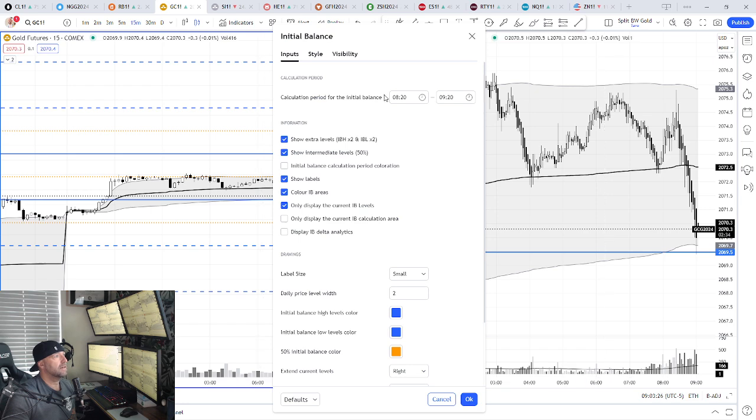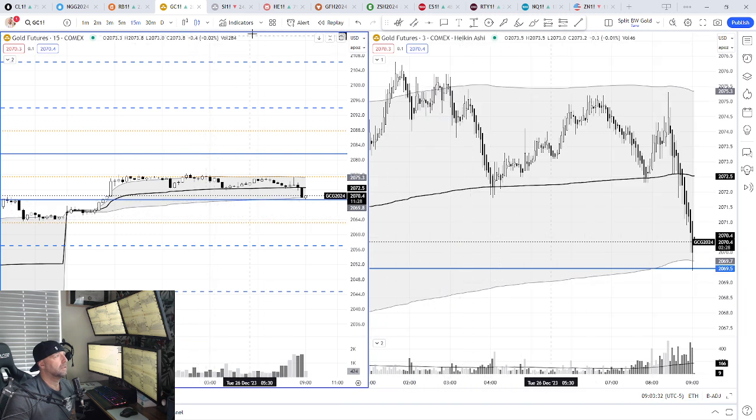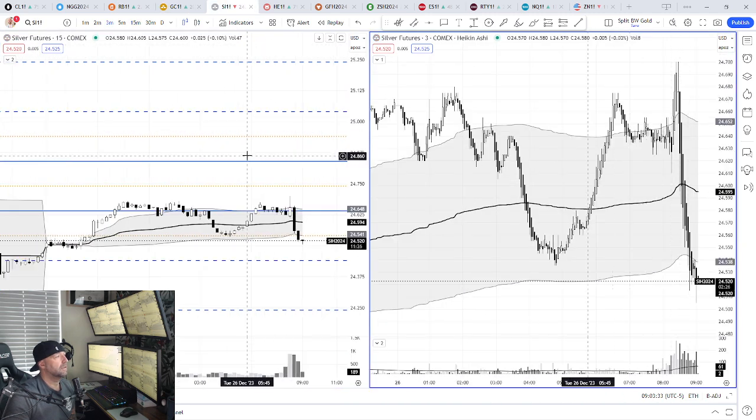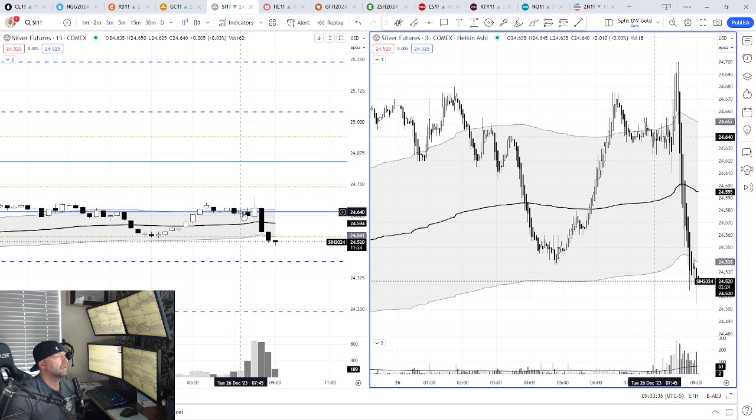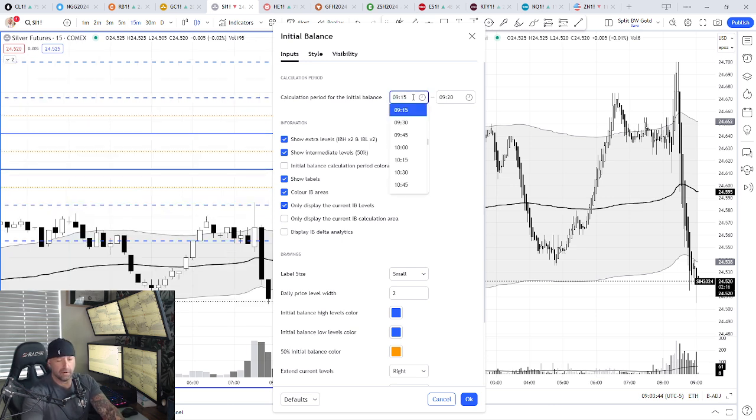So let's get this going here. Got silver. Let's see why this is not working here. 8:10. I've been having issues with TradingView on the hours for some reason on this indicator.